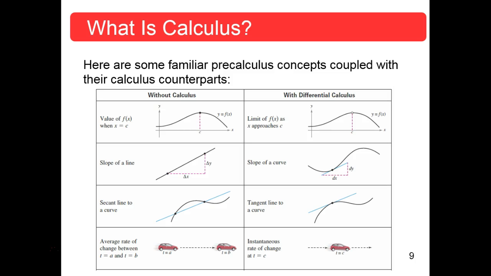Now, with differential calculus, this is not integral, but differential calculus, what is the value as x is approaching c, even though it may not be defined at c itself? Can't do that with this. You can with the limit process. That's differential calculus. Slope of the line, yeah, we can do that. Rise over run. Slope of a curve, however, there is no straight line in this. Parts of that look like they could be close to straight, and parts are very different from straight.